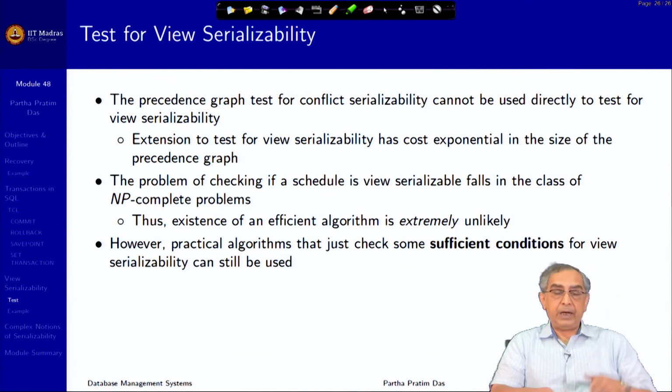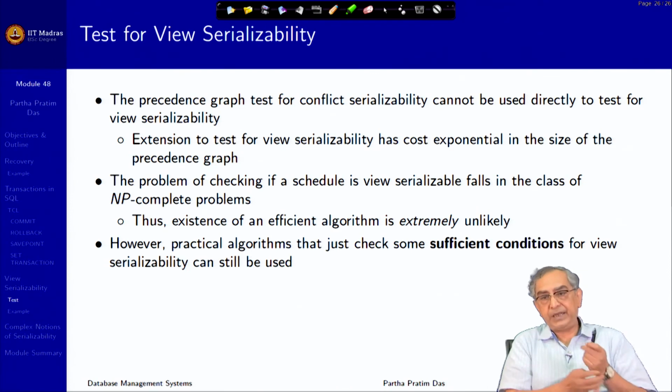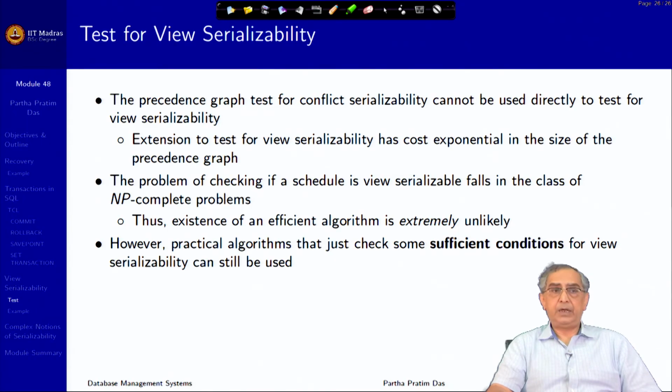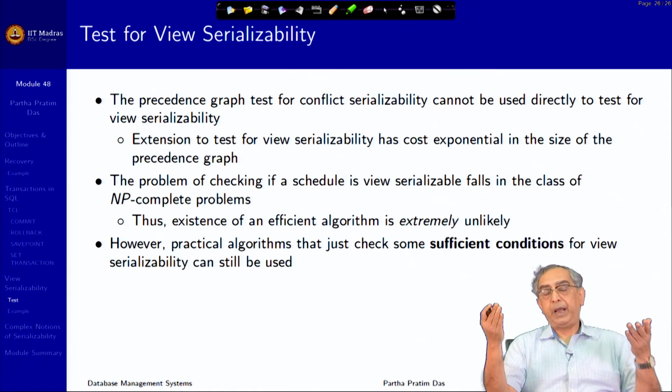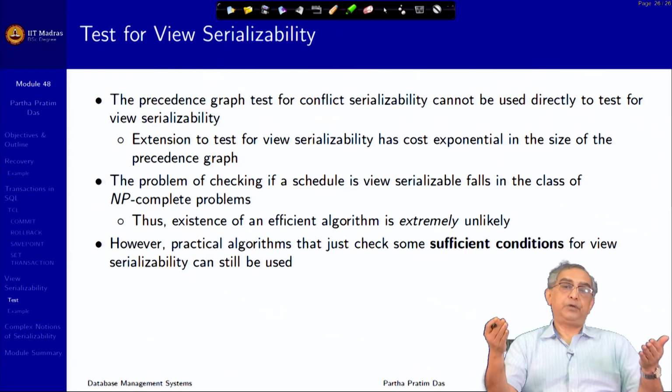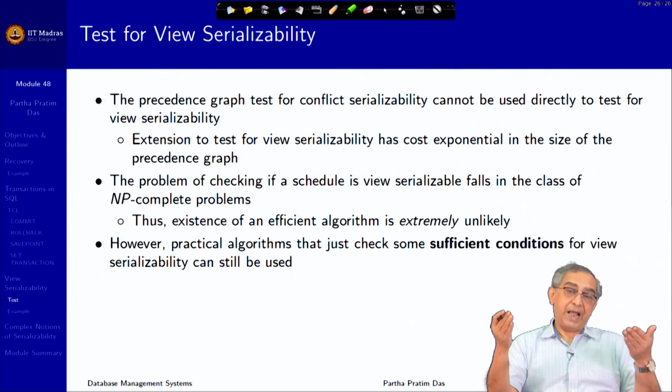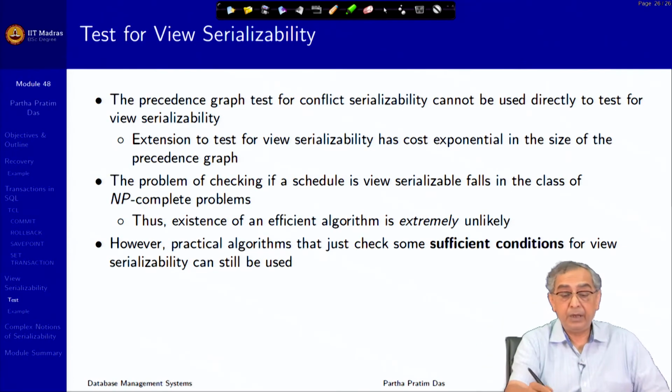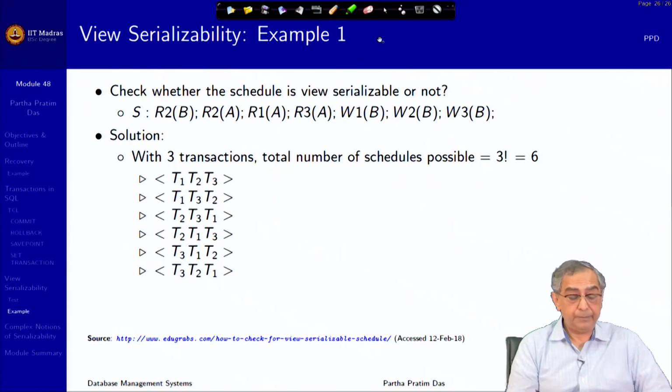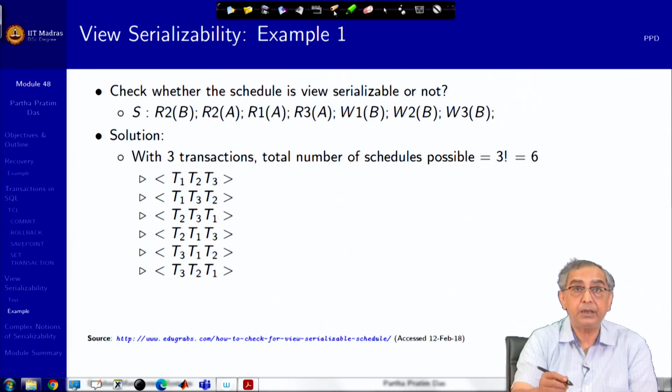Unlike conflict serializability, which we could quickly check by building the precedence graph and then doing a topological sort, we cannot do that here. So, what we can do is check for some sufficient conditions, but since we are checking sufficient, not necessary conditions, some schedules are actually view serializable, but we will not be able to detect that they are view serializable.